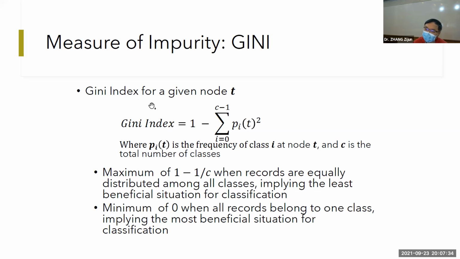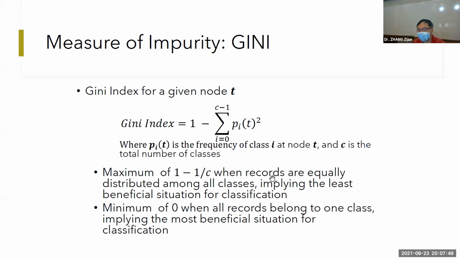So a Gini index for a given node T is written as this. It's equal to 1 minus the summation of the frequency of class i at the node T, squared, okay?